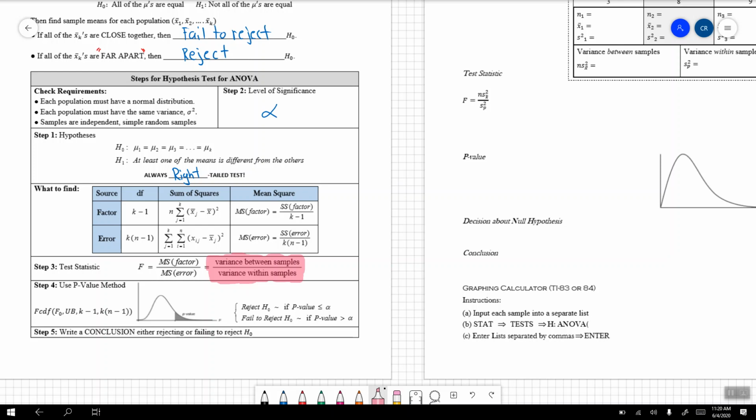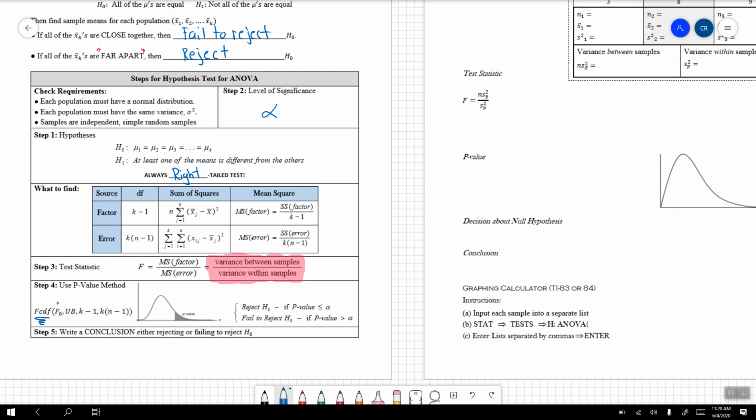Now, if we want to use the p-value method, what we're going to be doing is analyzing it with this specific command on the TI-84. This is going to be capital F CDF, and we're going to be looking for a few items when we do that.